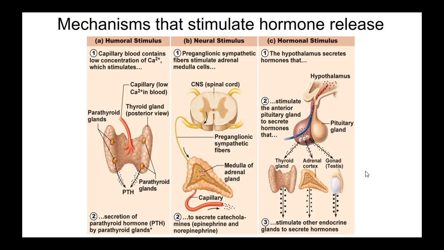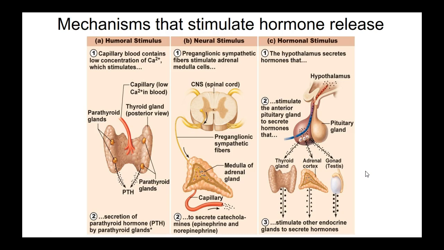The release of this hormone comes from detection of a particular chemical or some sort of parameter in the blood that's triggering the release. In this case, it's low blood calcium levels, right? So that is one mechanism by which hormones can be released: through direct detection of whatever's going on in, say, the blood or some fluid or some tissue. It directly stimulates hormone release.